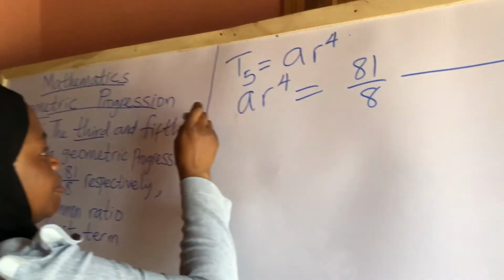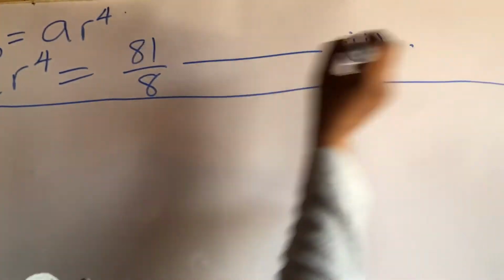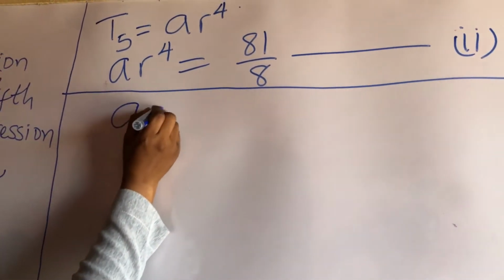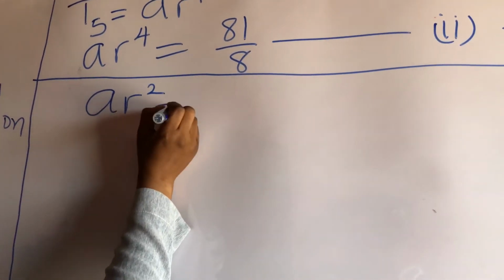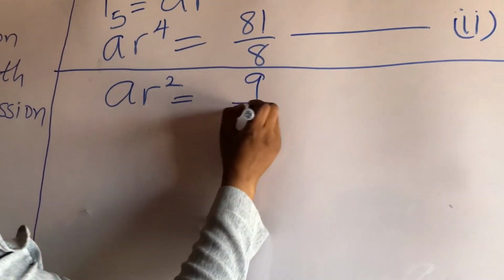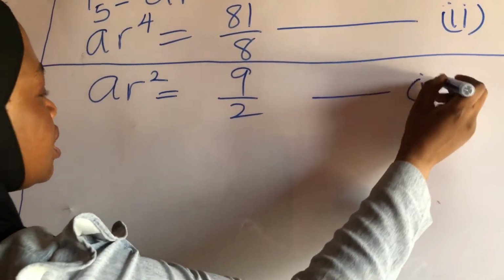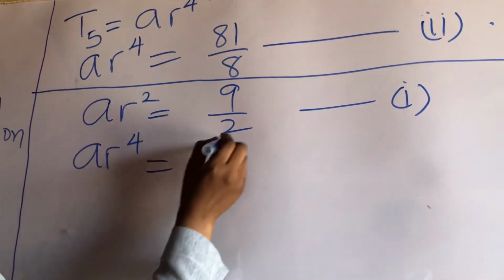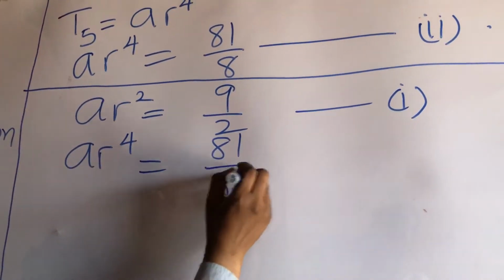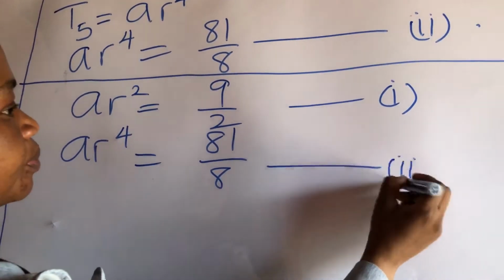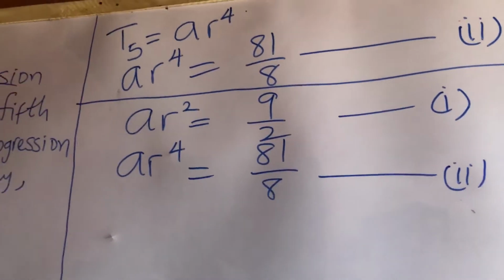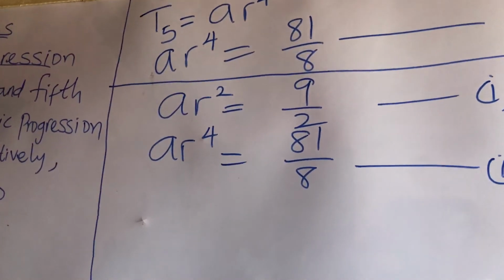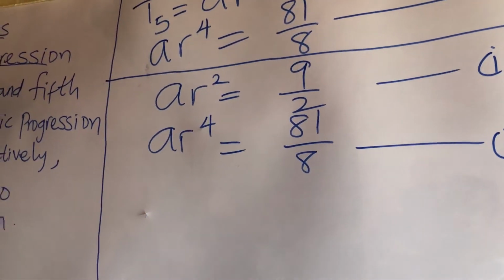Now let's write them together. So AR squared is equal to 9/2, equation 1. And AR raised to the power of 4 is equal to 81/8, equation 2. Now, the next thing is that for geometric progression, you are going to multiply or divide.